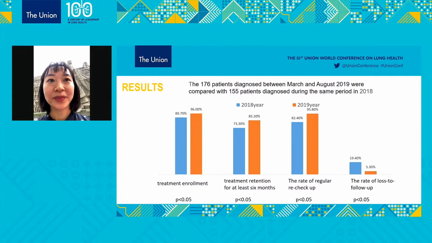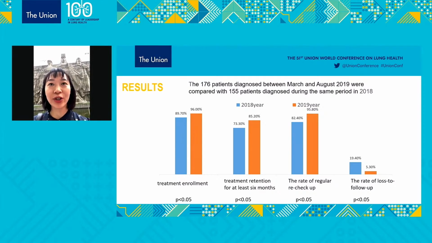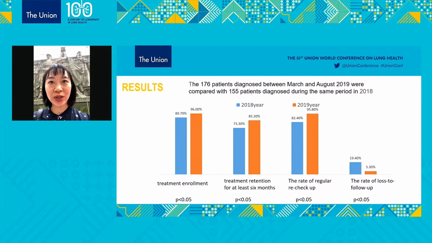Results. A chi-square test was used to compare 176 patients diagnosed between March and August 2019 with a historical pre-intervention group of 155 patients diagnosed in the same period in 2018.